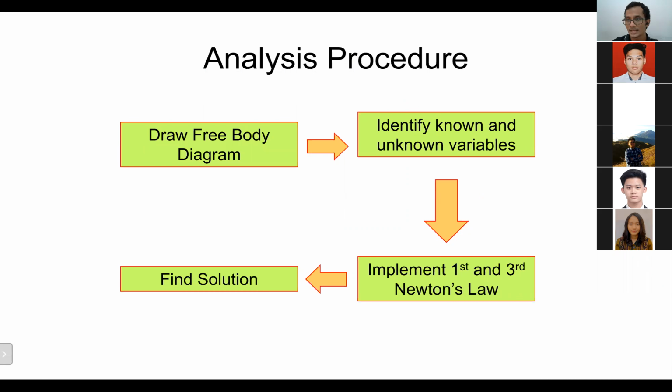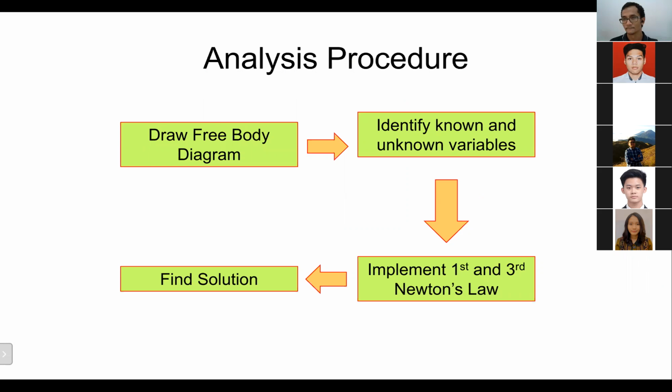Because previously, last week and the previous week, before I talked about the free body diagram, I just gave you all the basics. But now we will go to the main course. In order for us to solve a statics problem, we always have to start with the free body diagram.